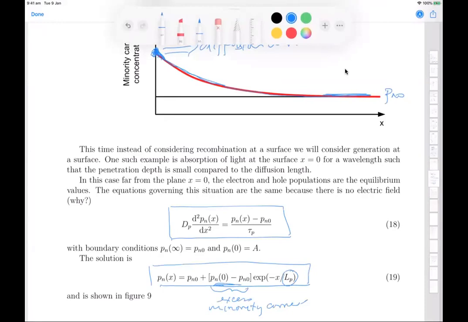So again, we can take the slope at the origin, project it across, and so this distance here will be our diffusion length, LP.